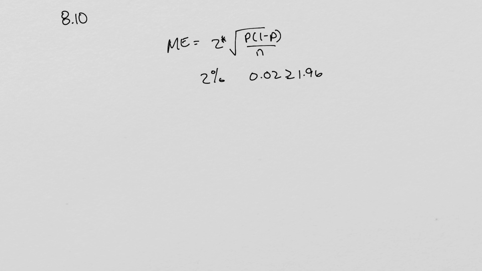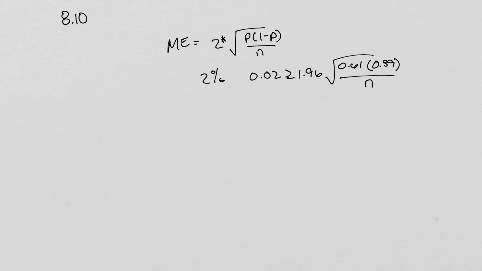All right. Margin of error calculations are always tricky, but in this case, it is your Z critical multiplied times the square root of p-hat times 1 minus p-hat over n. And we want a 2% margin of error, so 0.02 is greater than or equal to 1.96, which is our Z critical, times the square root of 0.61 times 0.39 over n, which is what we're trying to find.